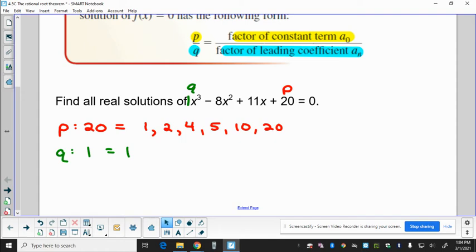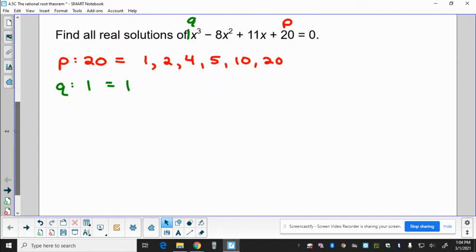And if it cannot be converted into a decimal, then it is just simply an integer. So the next step is to write all of the possible ratios, positives and negatives, for P divided by Q. And this will give us a list of all possible answers or roots to this equation that we have.